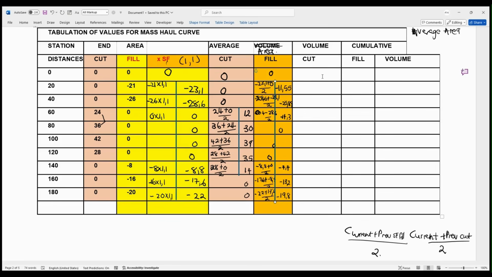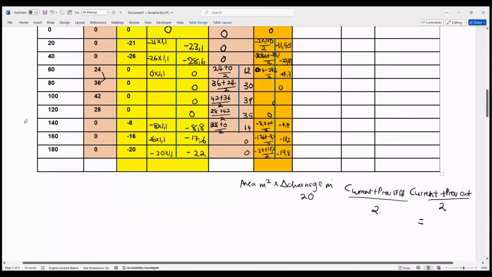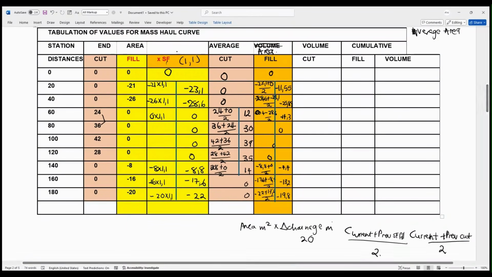When you want to find volume, it is area times the distance, or the change in distance. Area is in square meters, times the change in chainage, which is in meters. So the change in chainage, you can see it was 20, 20, 20.